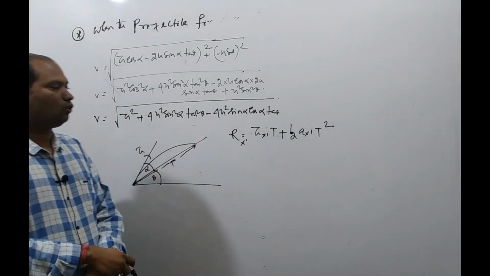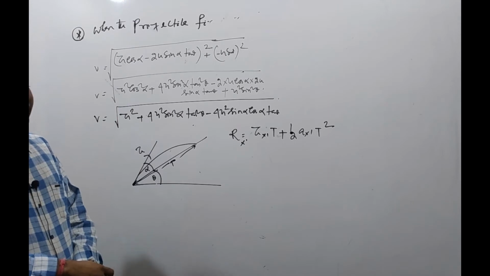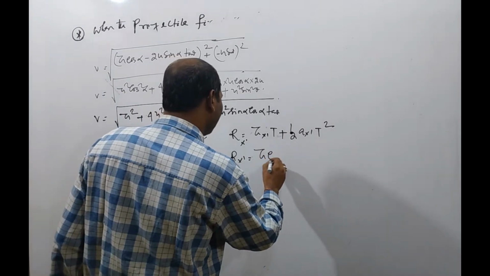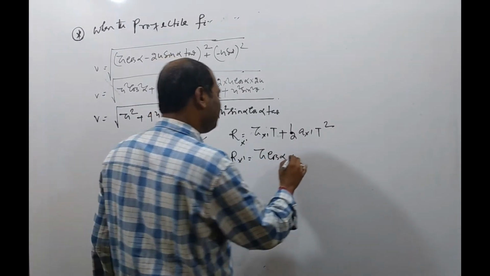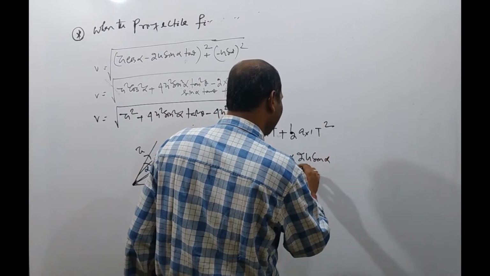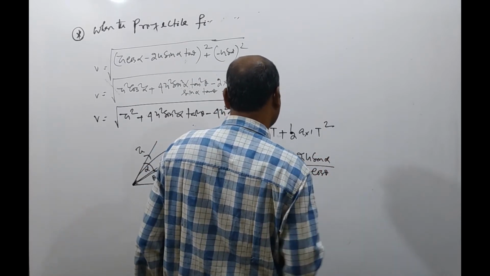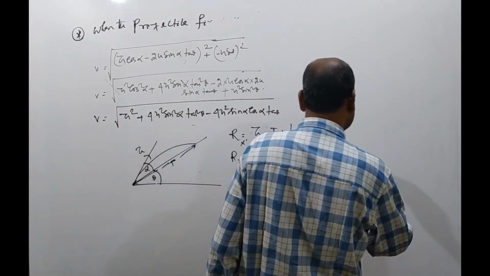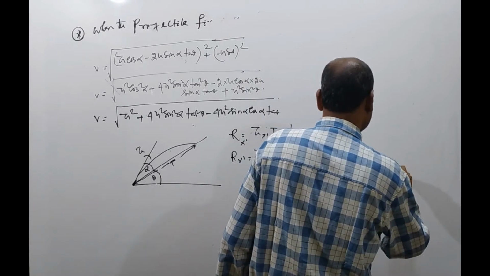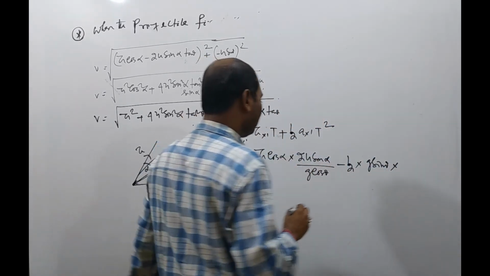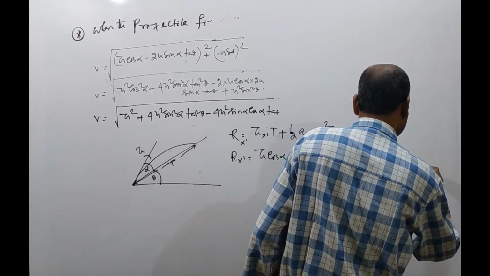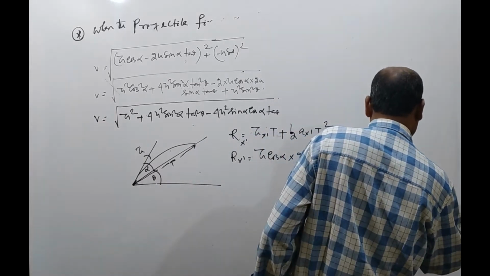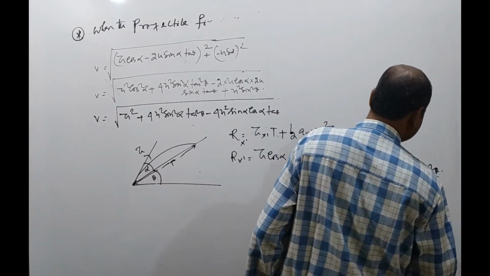Rx dash is equal to ux dash t plus half ax dash t square, or Rx dash is equal to ux dash, that is u cos alpha, into total time, that is 2u sin alpha divided by g cos theta, minus half into acceleration x dash, that is g sin theta, that is minus is here, and t square, that is 4u square sin square alpha divided by g square cos square theta.